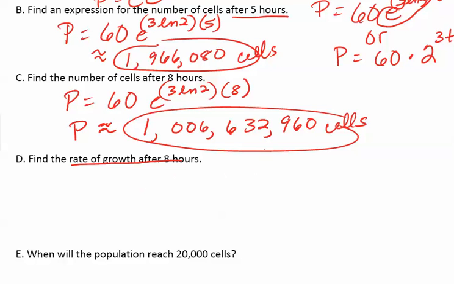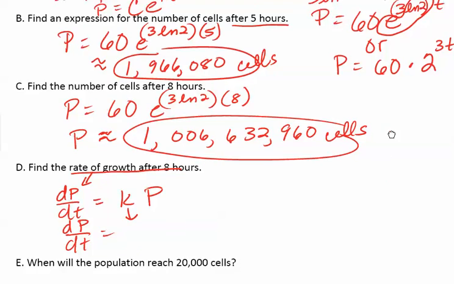So we already found our answer for the population size. So the rate of growth is our dp dt. And we knew that that was equal to K times the current population. And we found out what K was. K was our value up above.